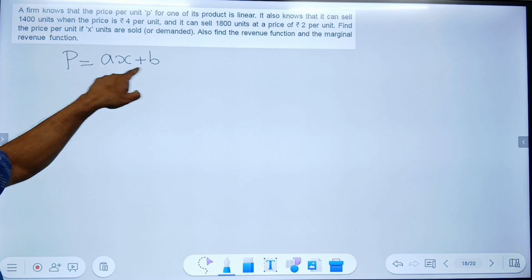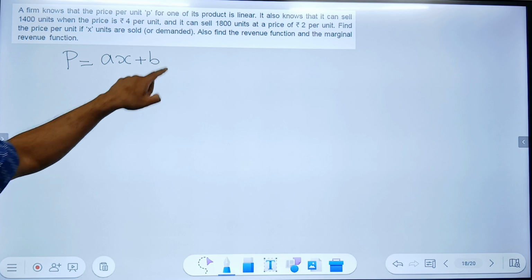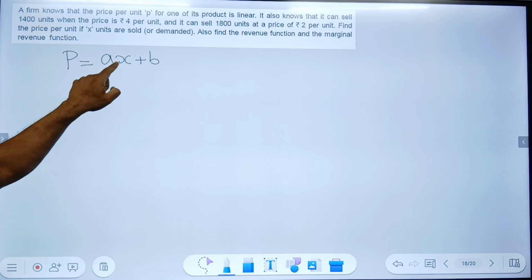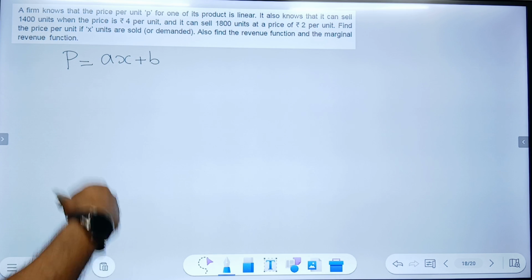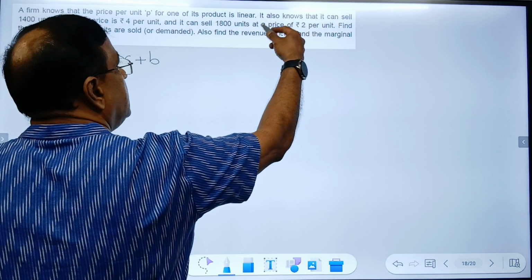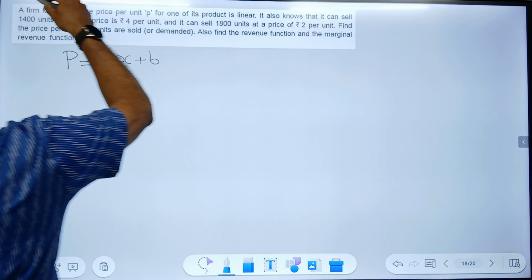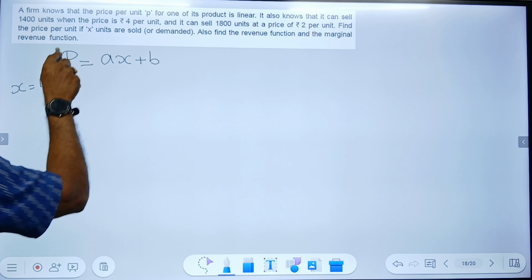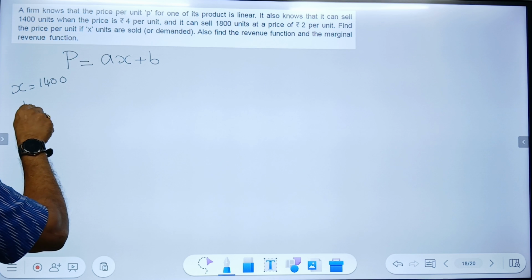Linear means power 1, so ax plus b is linear. P is the price per unit, given as ax plus b. Now in this question it says that it can sell 1400 units at the rate of 4 per unit.